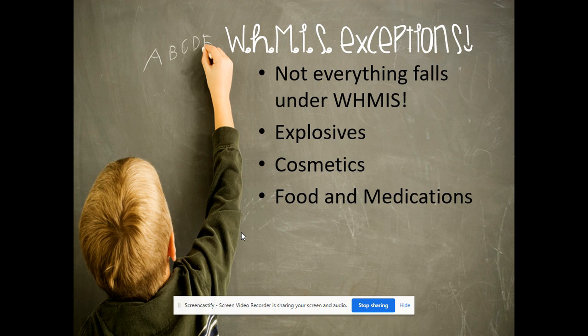No. Okay, so cosmetics, food and medications. If you've ever gotten a prescription, you'll see it comes with a bunch of information with it. Excellent. Okay, that's what that's going for. Okay, pesticides and tobacco products.